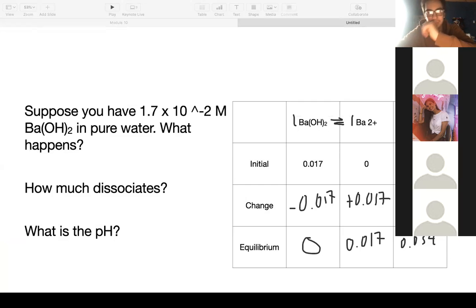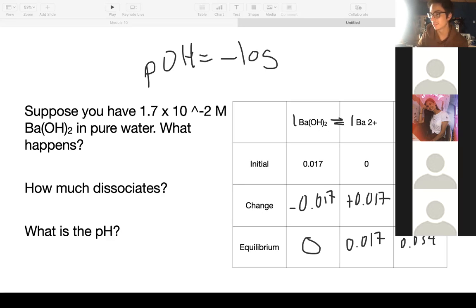So the first thing we're going to do, since we only have our hydroxide ion concentration to work with, we're going to find our pOH first. So what we're going to do, plug in pOH is equal to negative log of 0.034, which we got to be 1.47 about.